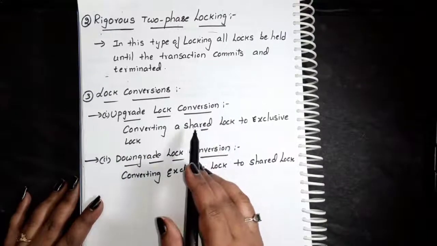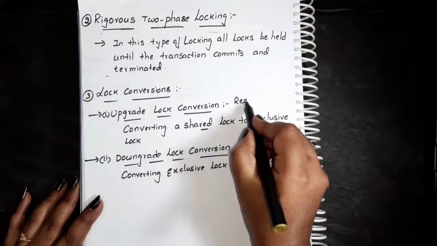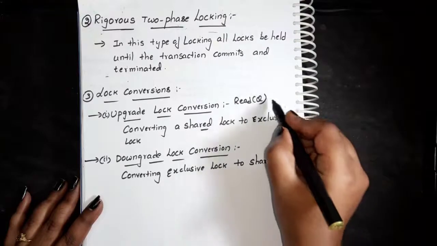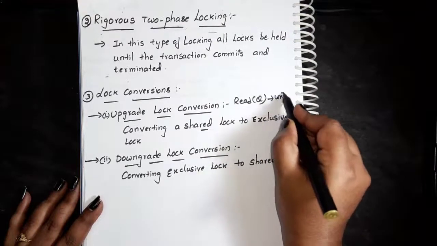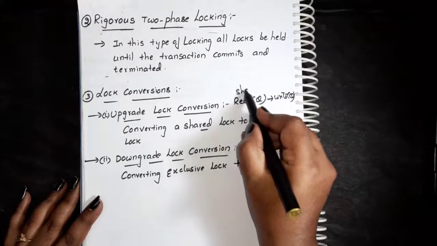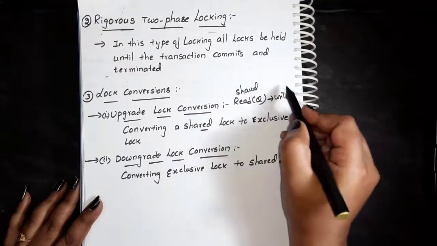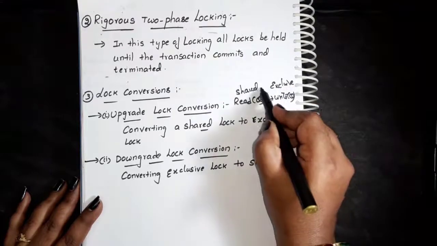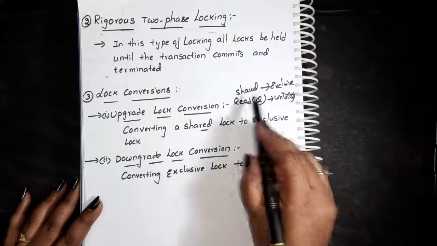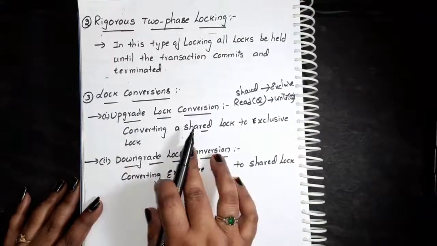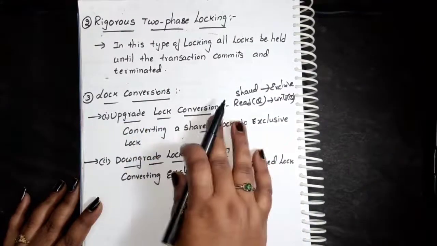For example, if you place a read lock on a particular data item Q, and then you execute the write operation, you can convert it into write Q. So if it is executing read, you place a shared lock; if it is a write operation, you convert it into an exclusive lock. You upgrade the shared lock to an exclusive lock. This is what we call upgrading lock conversion.